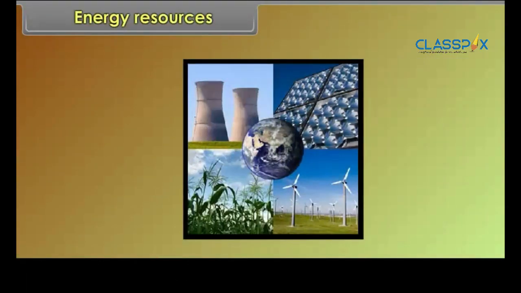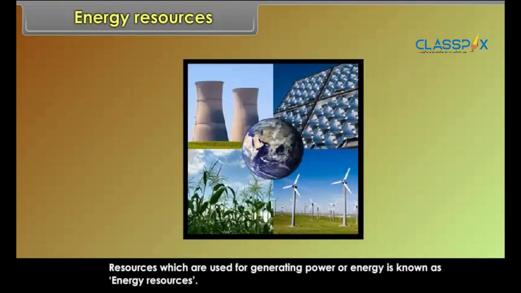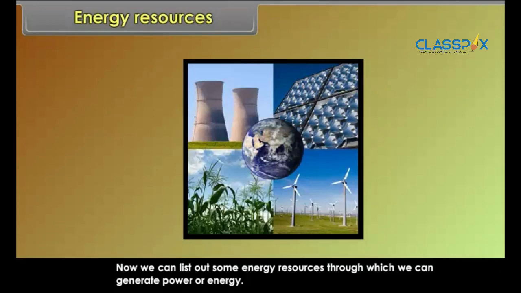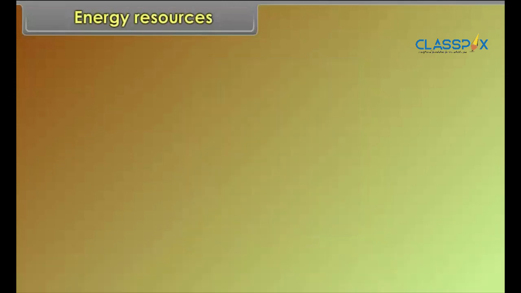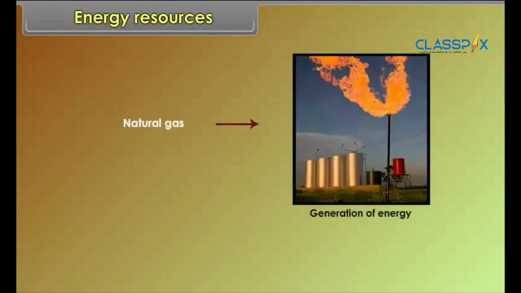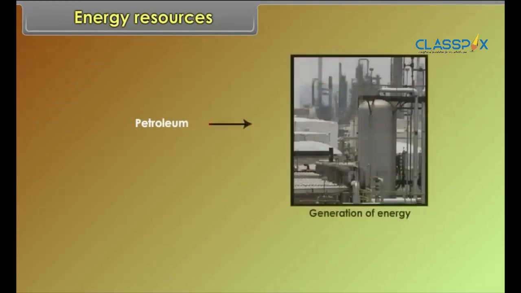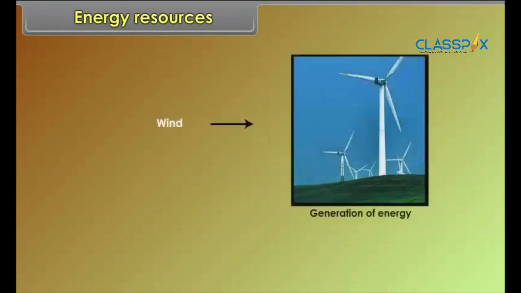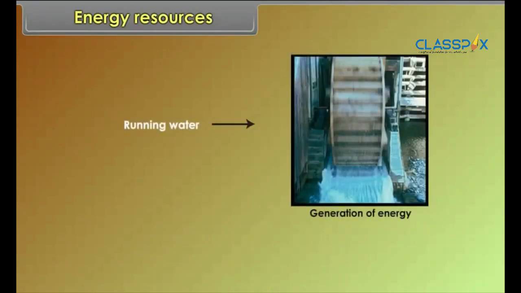Energy resources. Resources which are used for generating power or energy are known as energy resources. Now, we can list out some energy resources through which we can generate power or energy: coal, natural gas, petroleum, nuclear fuel, wind, running water.